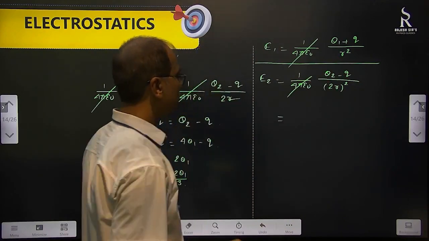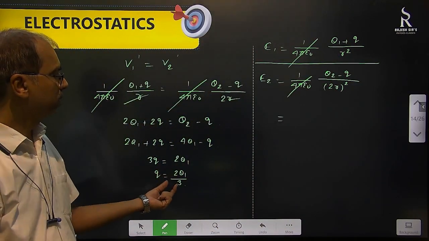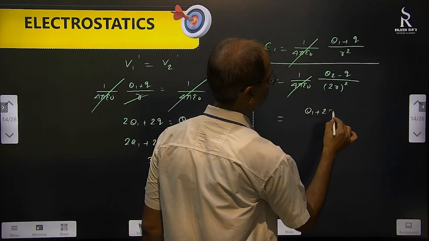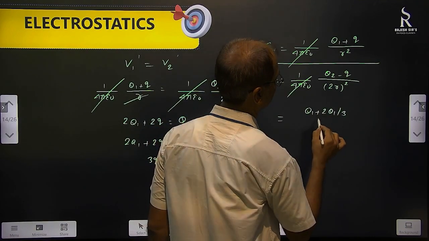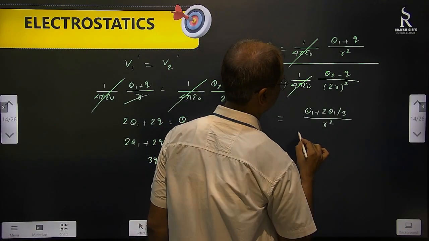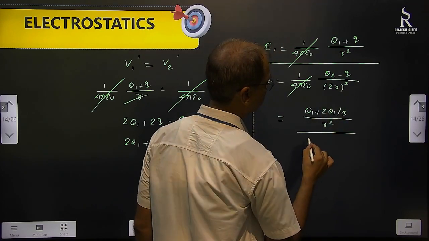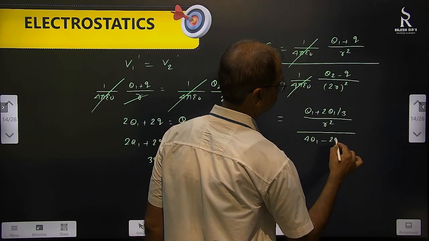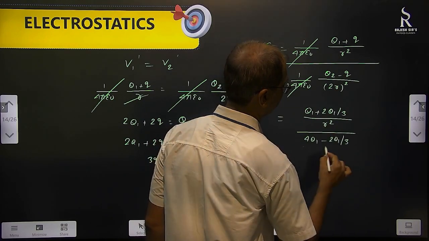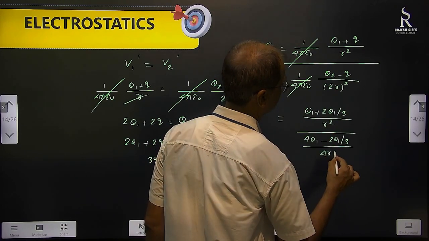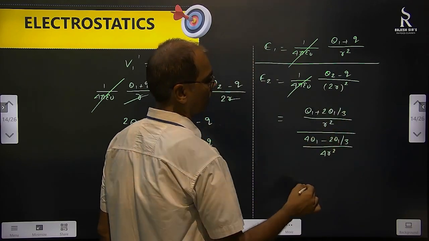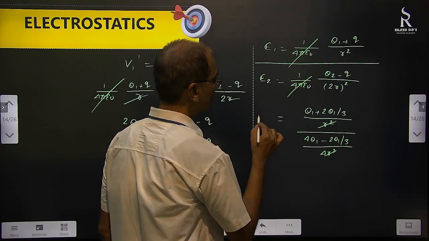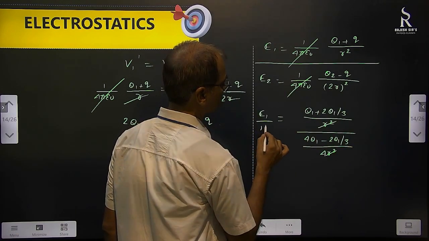Q1 plus Q. Let's put it: Q1 plus 2Q1 by 3, by R square, over Q2, which is 4Q1. So 4Q1 minus 2Q1 by 3, by 4R square, because R2 is 2R, so this is 4R square. So R square and R square cancel one more time. This is E1 by E2.